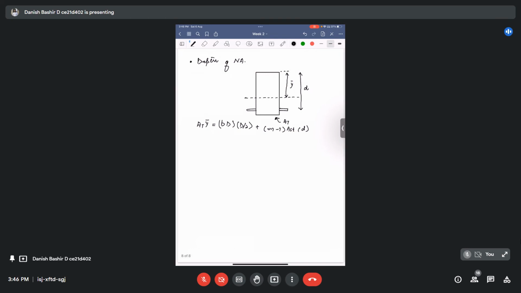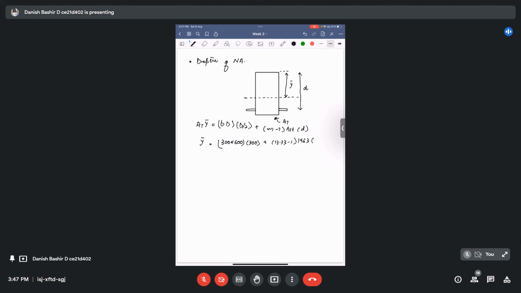When we solve it for the neutral axis y bar, we plug the values of b 300 into 600, d by 2 will be 300 again, plus m minus 1, 13.33 minus 1, 1963 into effective depth.